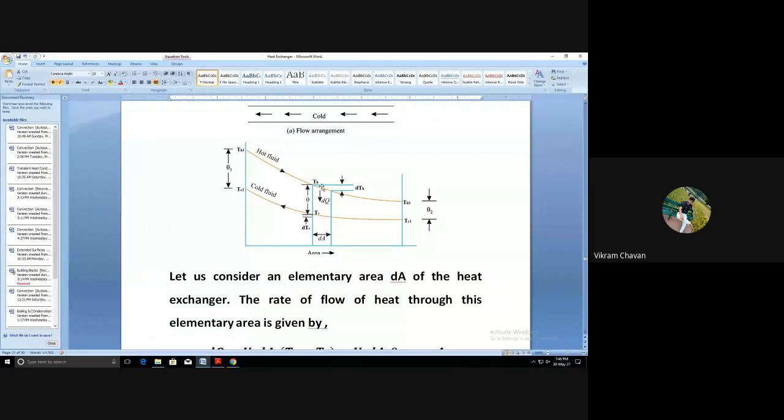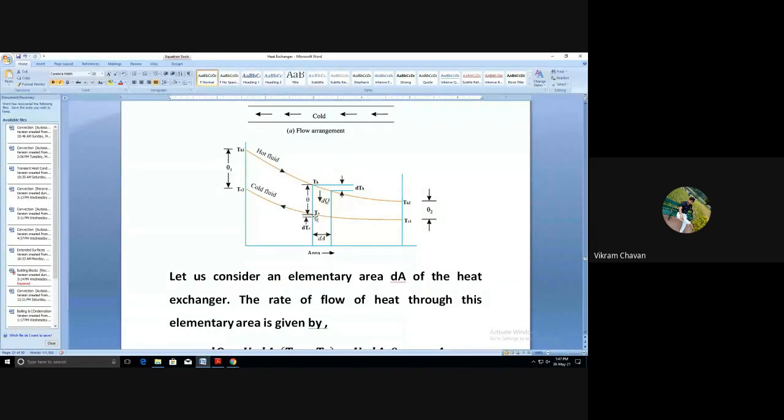So for heat transfer in the positive x direction, dq amount of heat is lost by the hot fluid to the cold fluid. That heat transfer we will get as negative, as the fluid is losing heat to the other fluid.